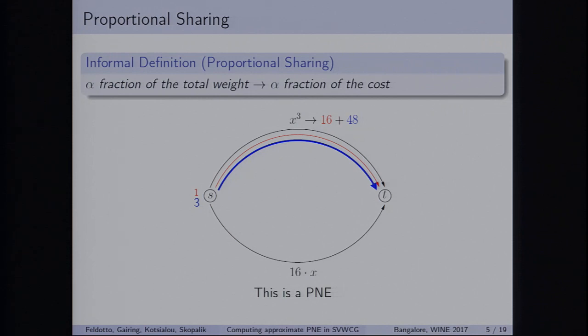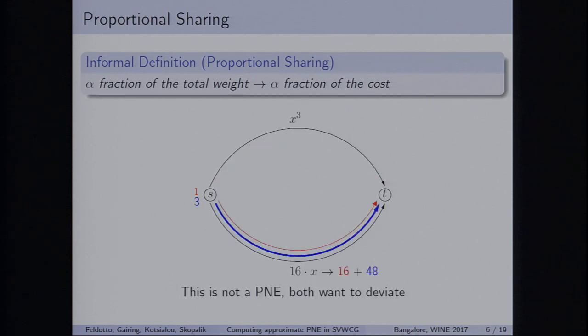So we can see that this instance is a pure Nash equilibrium because no player wants to deviate to the bottom link. So here, if we put both players to use the bottom link, we can see that this is not an equilibrium, because at least the red player, if he deviates above, can reduce his cost share to 1.